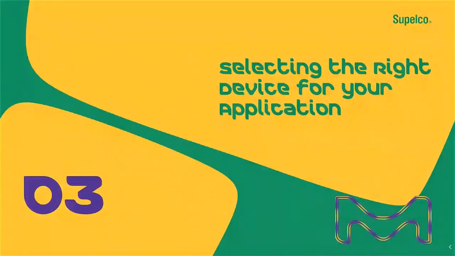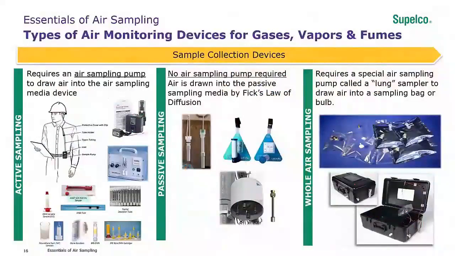And now, selecting the right sampling device for your application. When we talk of air sampling devices, they usually fall into many categories. Shown on this slide are 3 different air sampling techniques. Active sampling, which requires an air sampling pump that draws the air into the sample collection device.